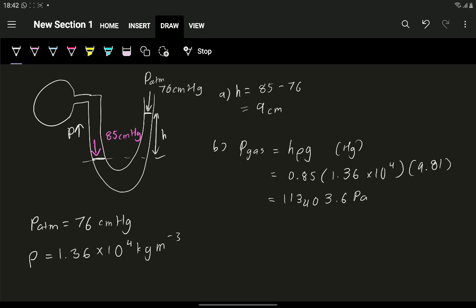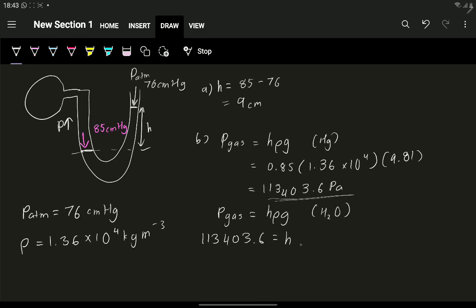Now the gas pressure is h rho g, but inside water, because they asked what will happen to the value of h if mercury is replaced with water. So the gas pressure we got is here, 113,403.6 equals h, which is what we will look for. The rho is 1000 kg per meter cubed.